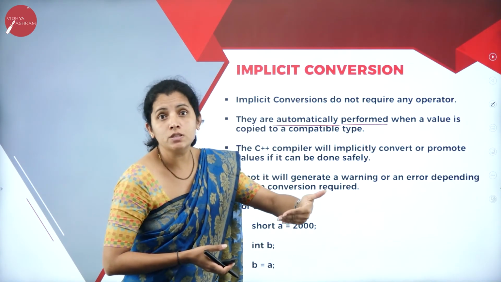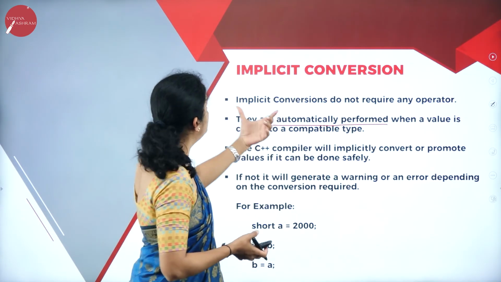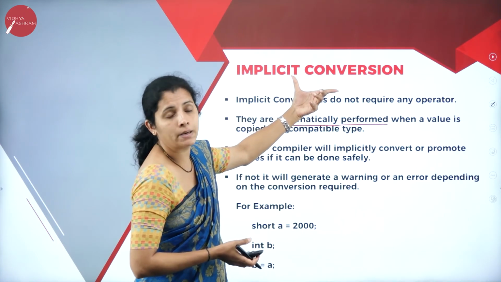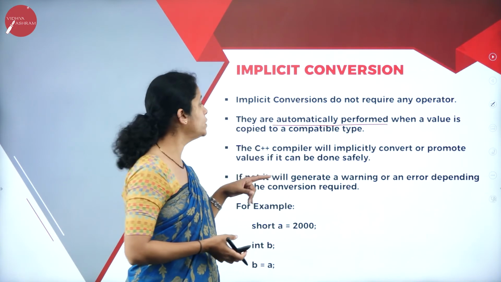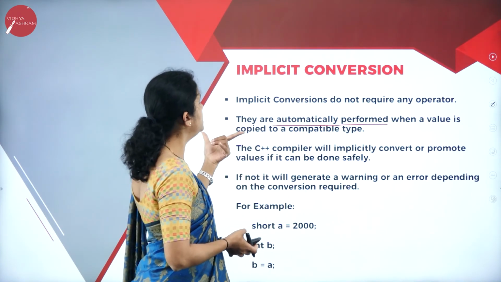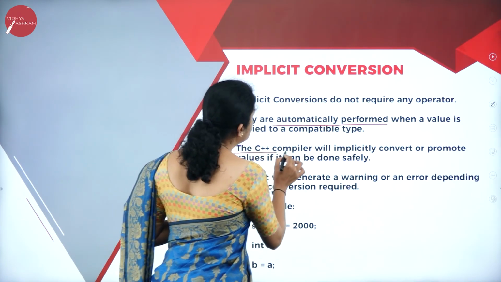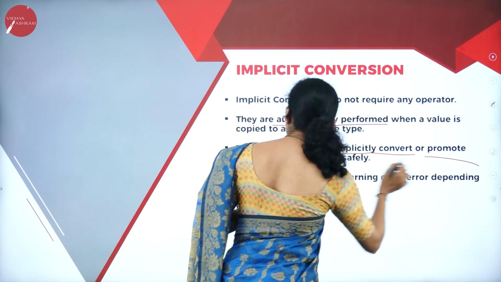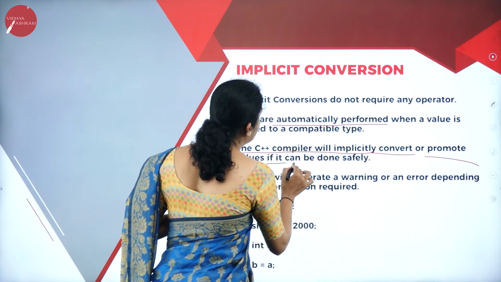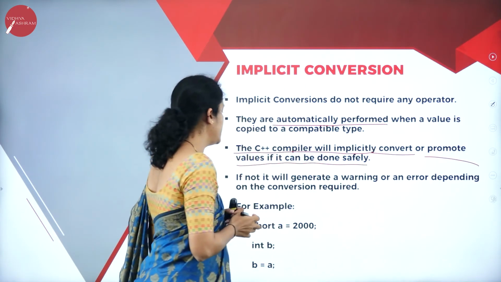And who is responsible for performing implicit conversion? That is nothing but the compiler. So here the compiler is going to convert implicitly. The C++ compiler will implicitly convert or promote values if it can be done safely.